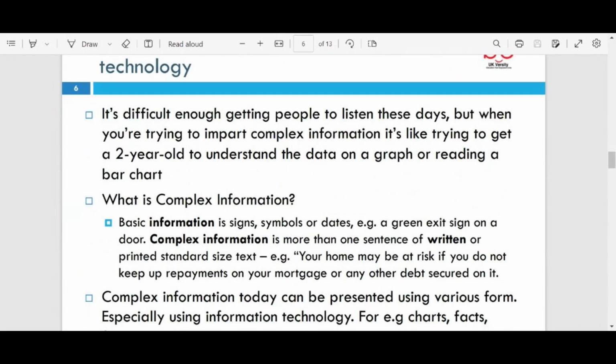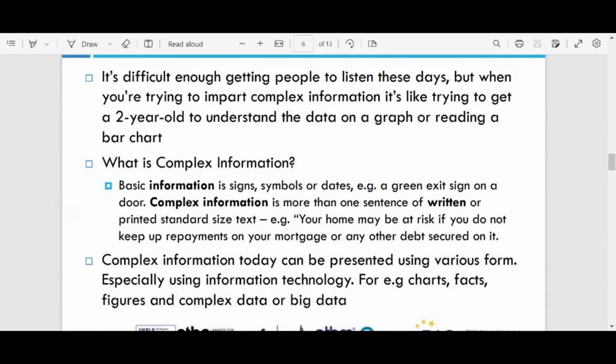Okay. 4.2, present complex information orally using technology. It's difficult enough getting people to listen these days, but when you're trying to impart complex information, it's like trying to get a 2-year-old to understand the data on a graph. Or reading a bar chart. What is complex information? Basic information is signs, symbols, or dates, for example a green exit sign on a door.